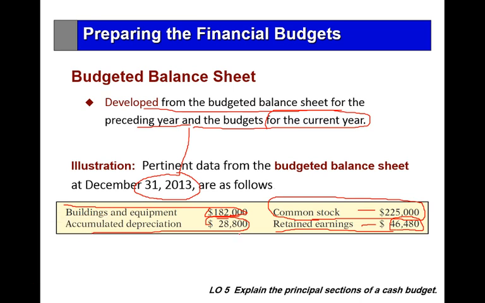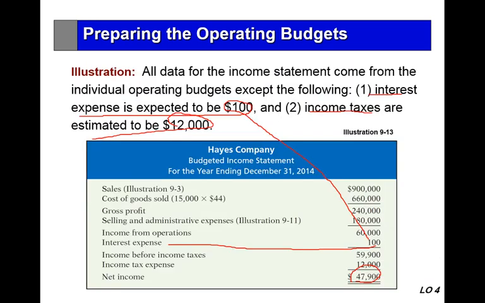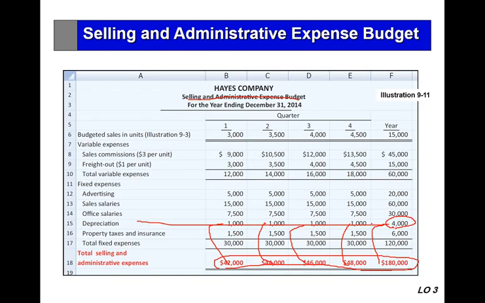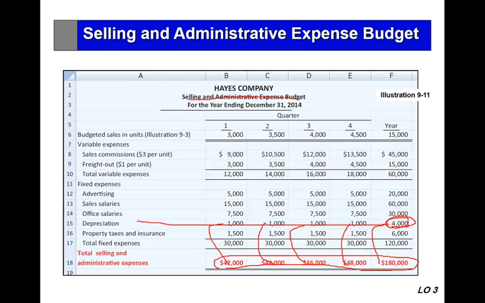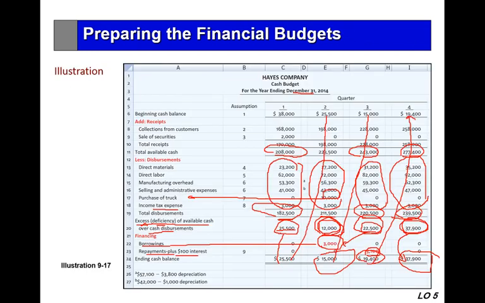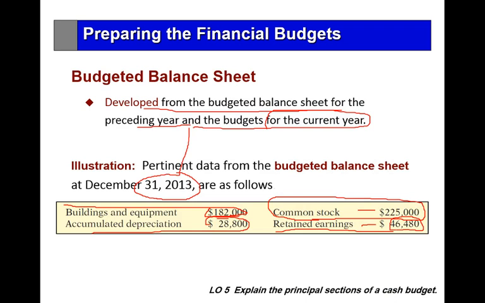Accumulated depreciation beginning balance is 28,800 plus the depreciation expense expected in the selling and administrative expenses, which is 4,000, plus 15,200 total depreciation in the manufacturing overhead budget. If we sum 15,200 plus 4,000, we have 19,200 plus the beginning balance 28,800.